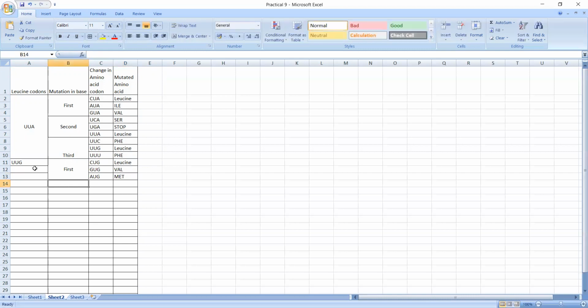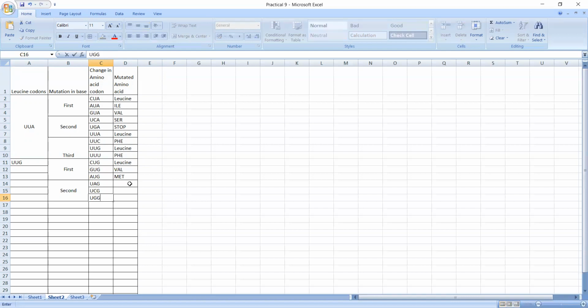Let us see what will happen if there is a mutation in the second base. What is the second base here? Again, the second base is also a U. So it will be UAG, then UCG, or UGG.